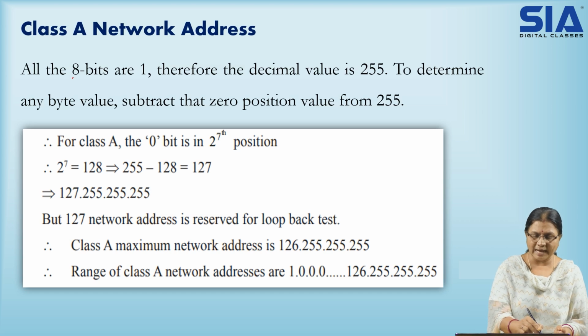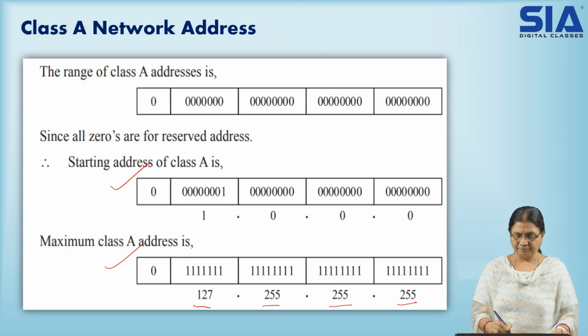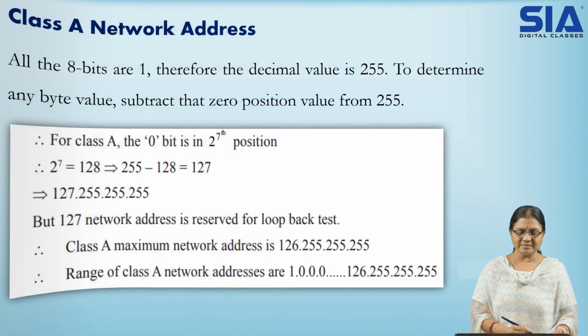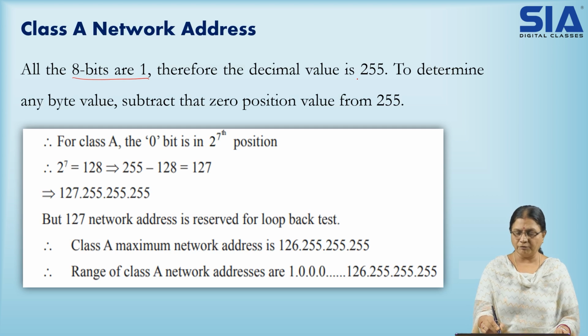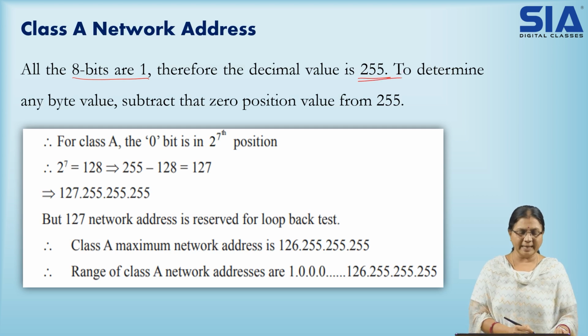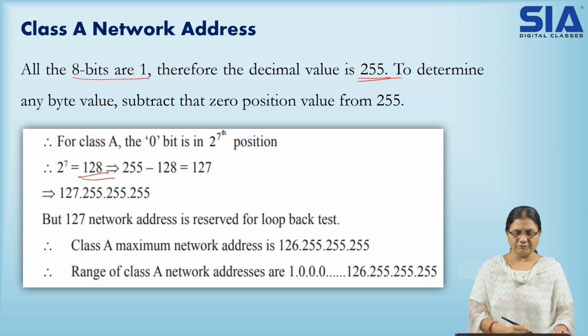All 8 bits in a byte being 1, the decimal value is 255. To determine any byte value, subtract the 0-bit position value from 255. For class A, the 0 bit is in the 2 to the power 7 position, that means 128. So 255 minus 128 is 127.